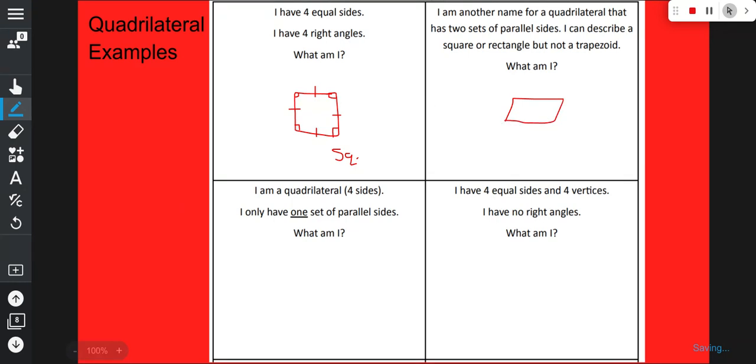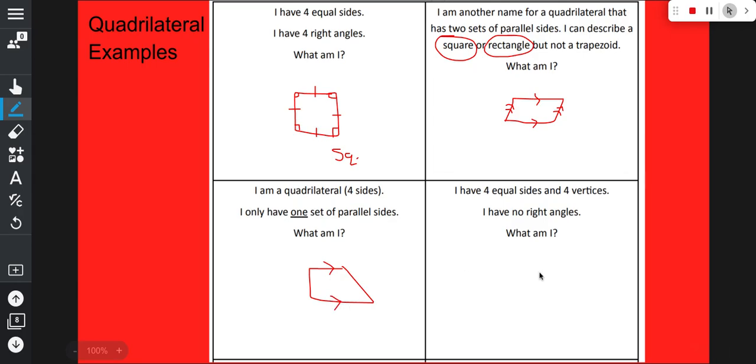This could only be a parallelogram, not a rhombus, because if it's a rectangle, the only thing that can be a square or a rectangle would be this parallelogram. So a parallelogram would be the shape. The next one, I am a quadrilateral 4-sided shape. I only have 1 set of parallel sides. So the shape that has only 1 set of parallel sides is a trapezoid.